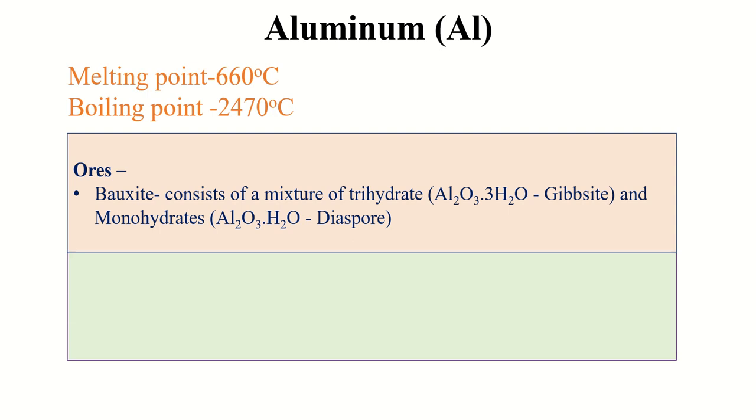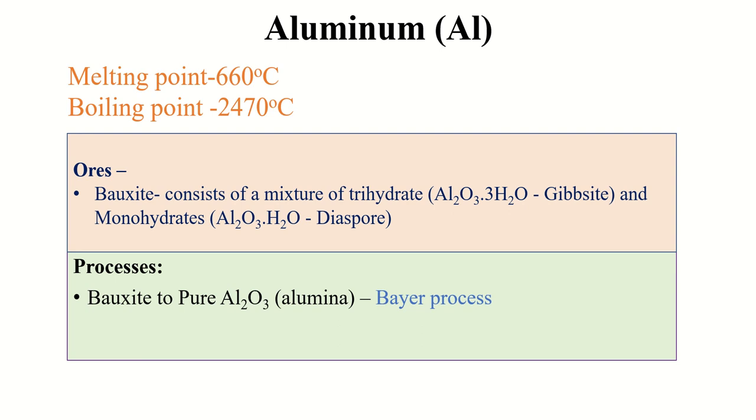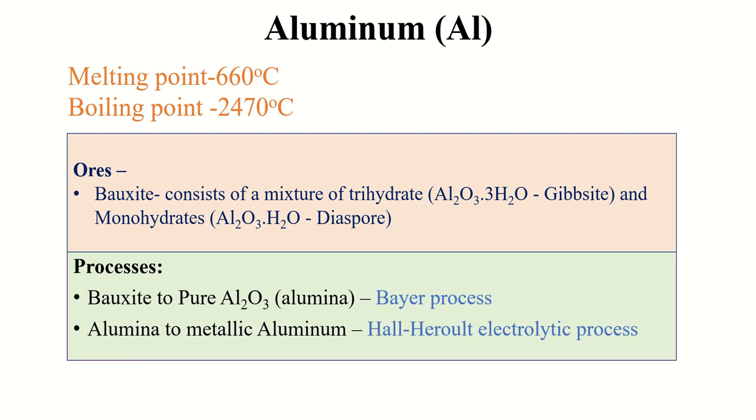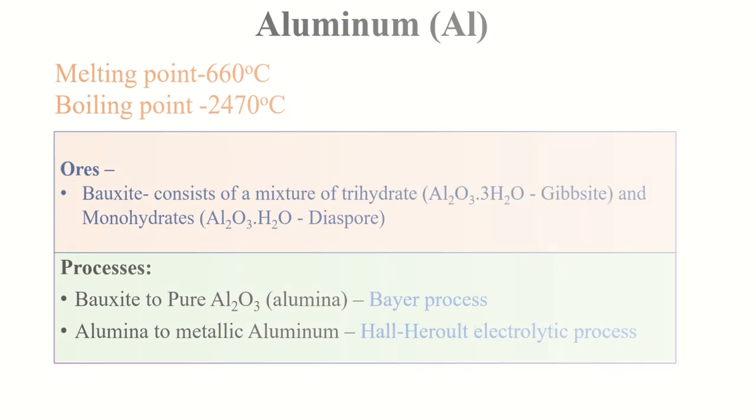From bauxite we can prepare alumina by using the Bayer process, and alumina can be converted into metallic aluminium by using the Hall-Héroult electrolytic process.